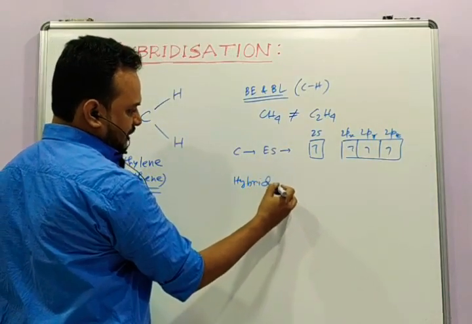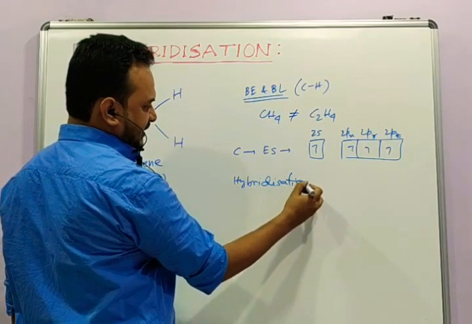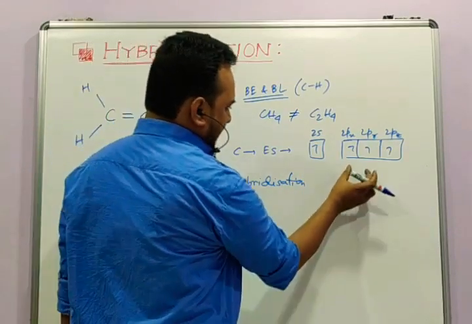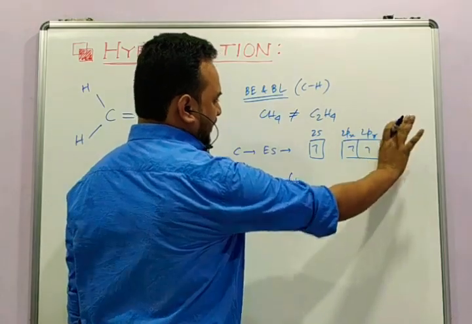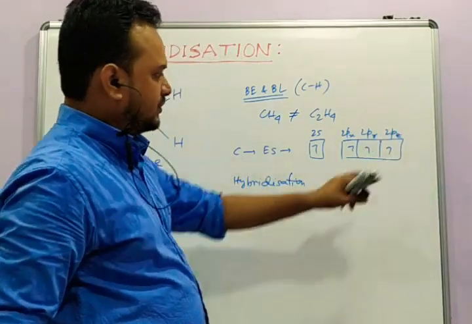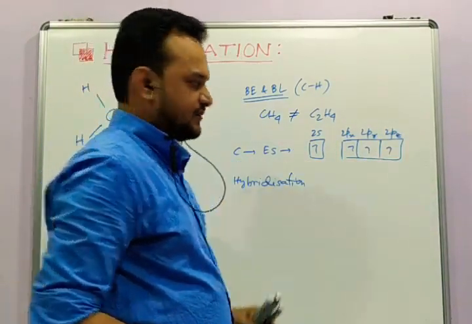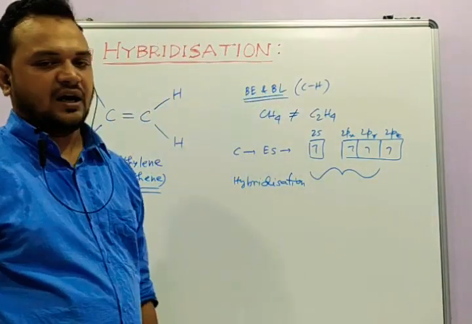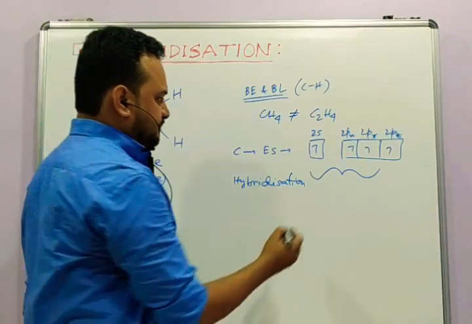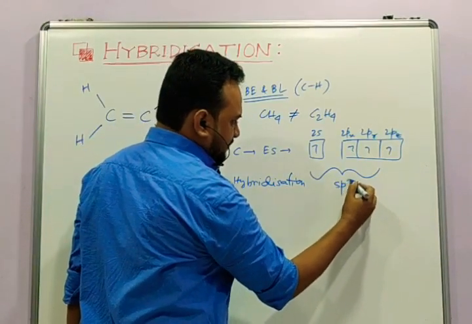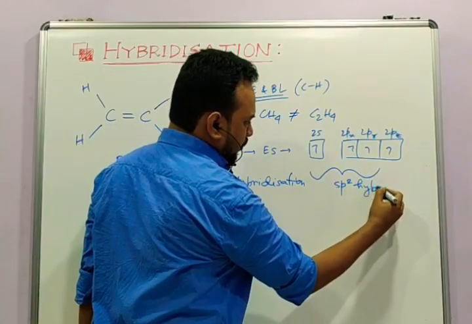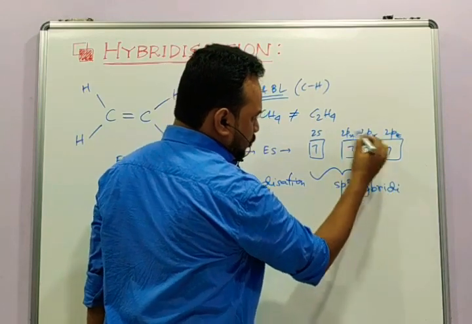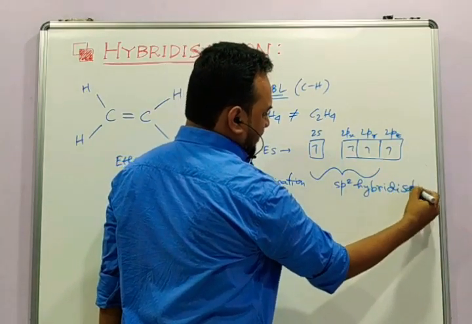It takes this 2s, 2px and 2py, but it does not include this 2pz in the hybridization. So here the participating orbitals are 3. That means the name will be sp2 hybridization, because one s orbital and 2 p orbitals are participating.